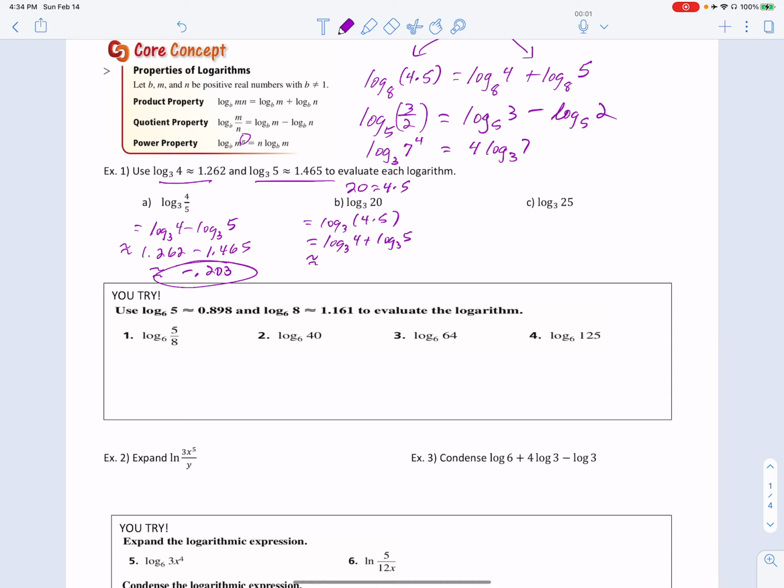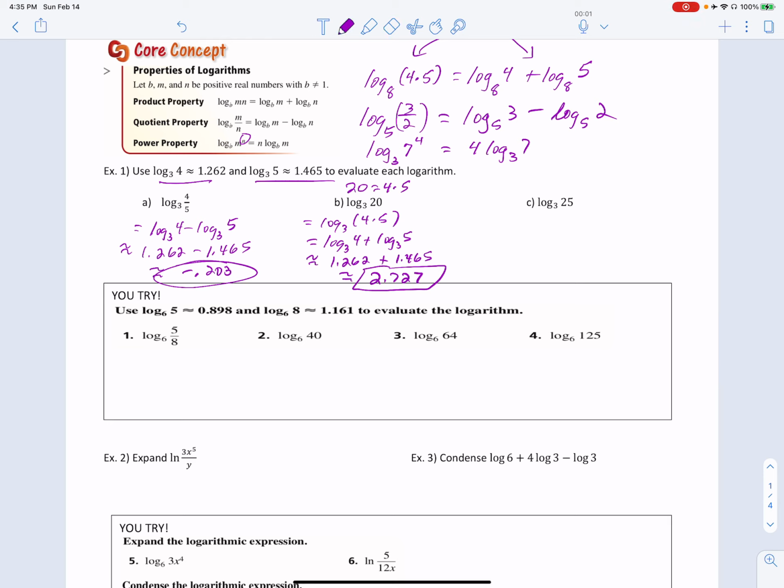Then I can replace those with the approximations that were given to me, and this is the work you need to show. That adds up to 2.727, oops, 2.727. There we go.